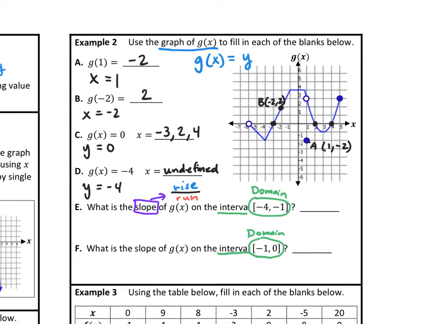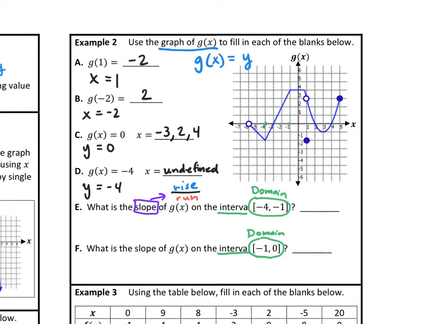Okay, since we're using the same graph, I'm going to erase what I wrote earlier, and you can go back in the video if you want to see what I wrote there previously. Okay, so we're looking between -4 and -1. So those are x values.